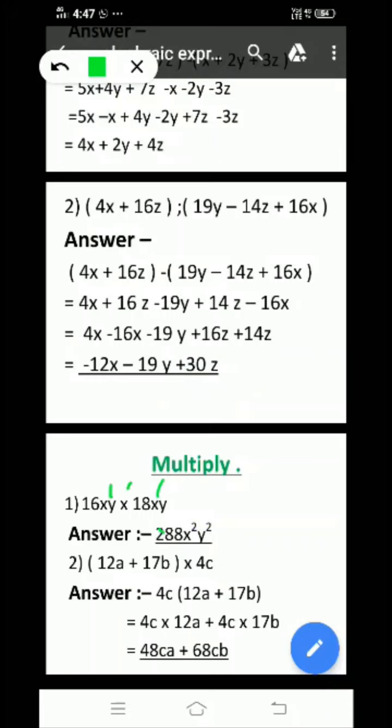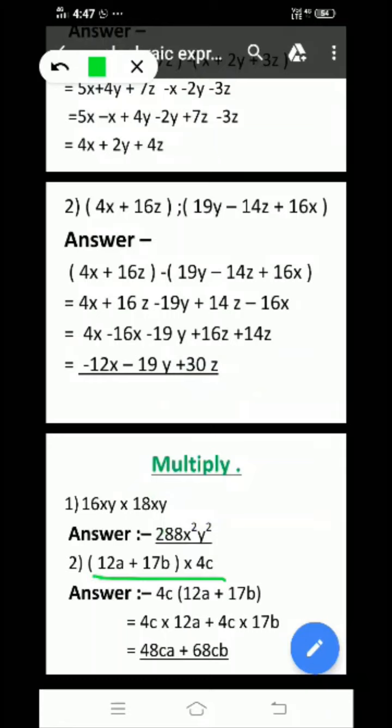On y the index is 1 and here the y index is 1, so again 1 plus 1 is 2. That's why the answer will be 288x square y square. In addition and subtraction there is no addition of indices. In multiplication there is an addition.